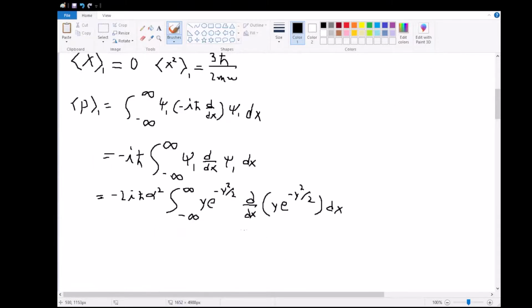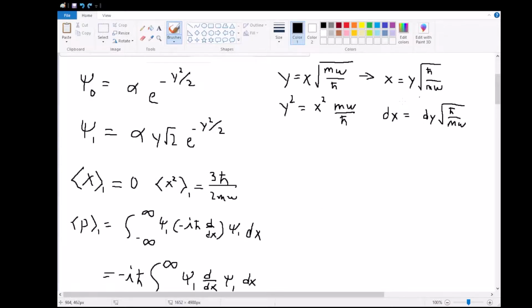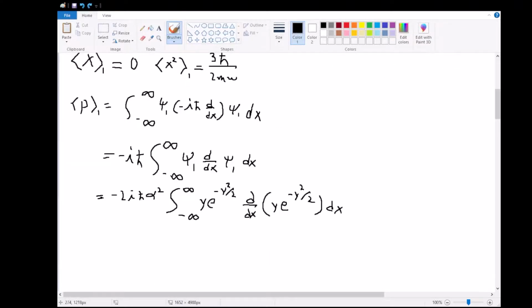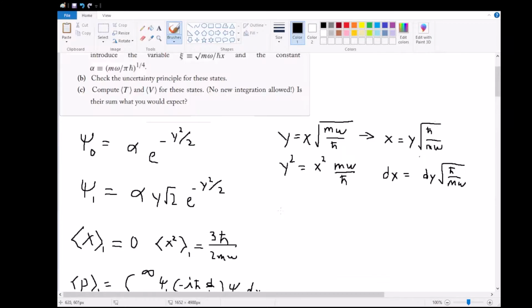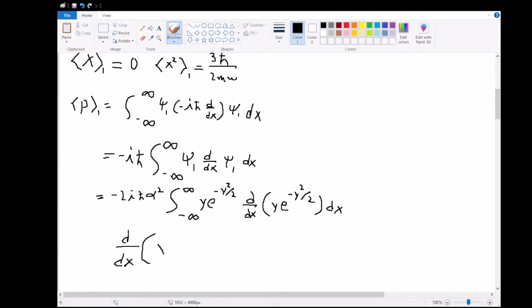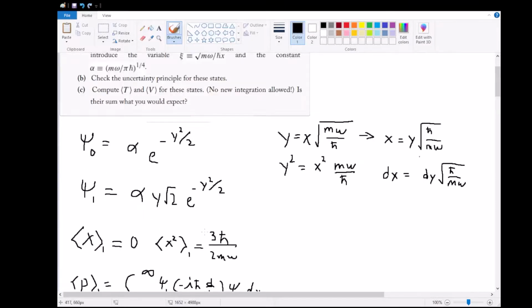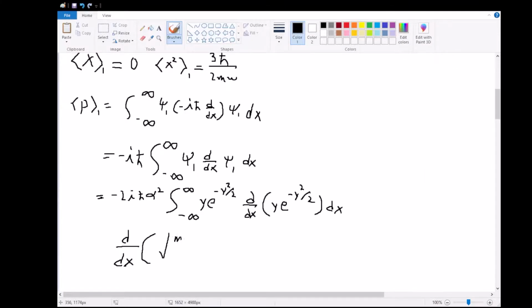And then we have to do this integral, so I'm going to brute force it by converting back into x. So let's see, this is going to be d by dx of, we know that y equals the square root of m omega over h bar times x, and then times e to the negative m omega over 2 h bar times x squared.